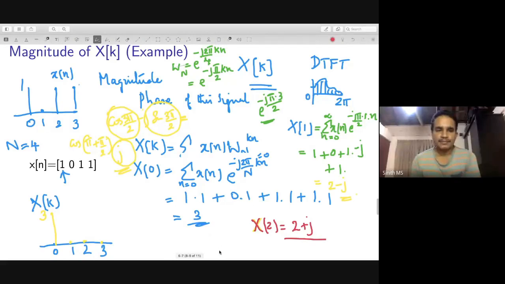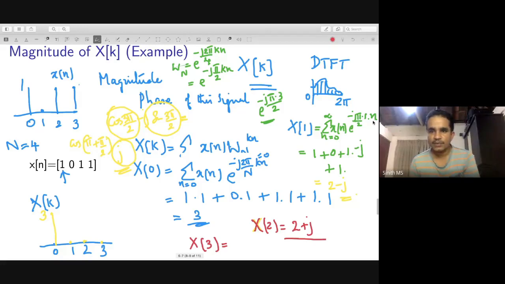And similarly, you can find X of 3. So 3 is the final value. I think this is X of 3, right?